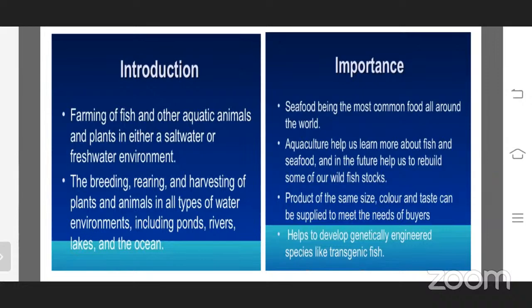What is the importance of fish culture? Fish culture increases the food supply, productivity, and nutritional value, and improves product size, color, and taste of the supplied meat and livestock. It supports the people against food scarcity.